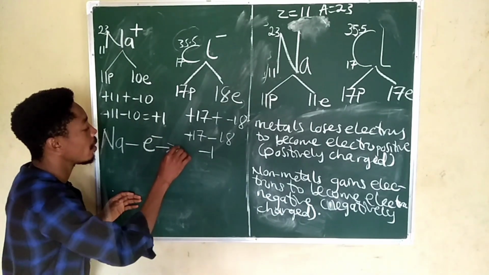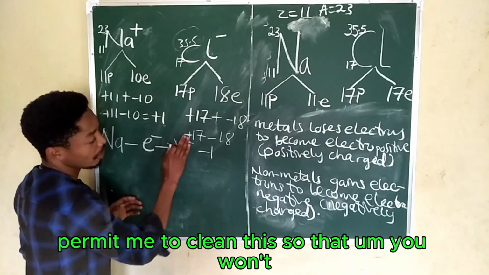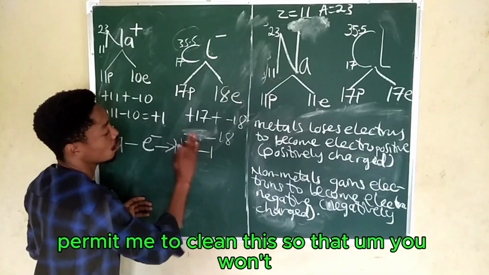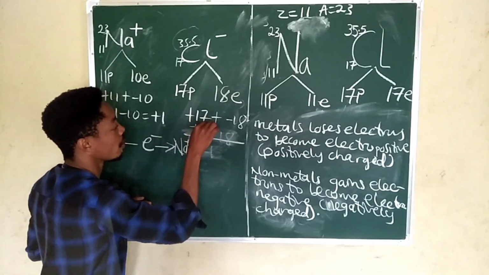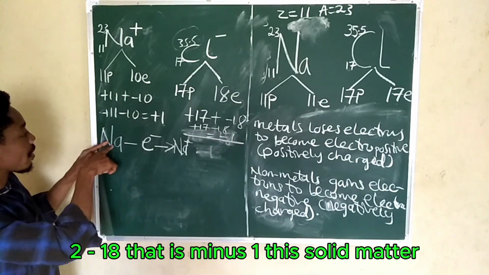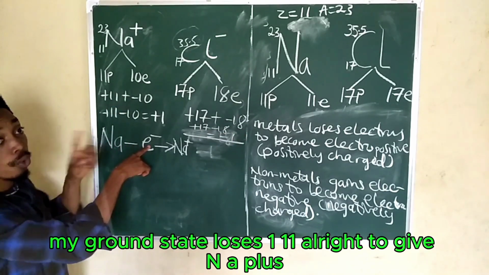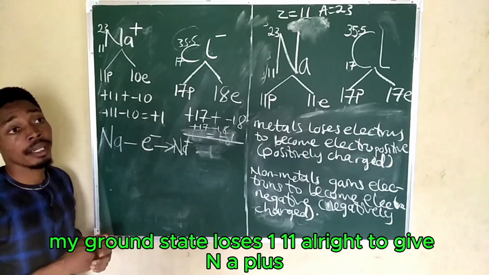That will give me Na plus. Permit me to clean this so that you won't be confused about what I'm trying to do. This sodium atom at ground state loses 1 electron, alright, to give Na plus.